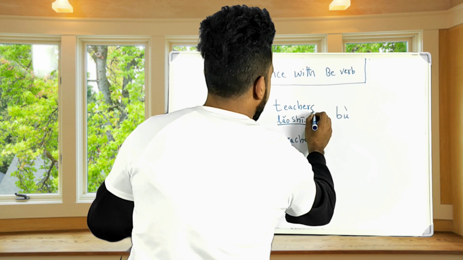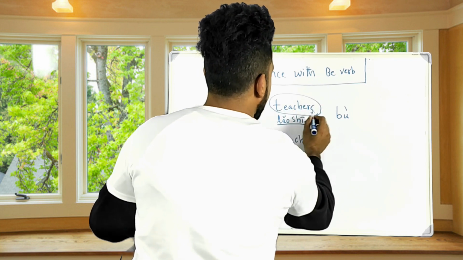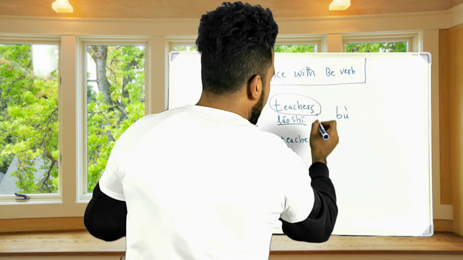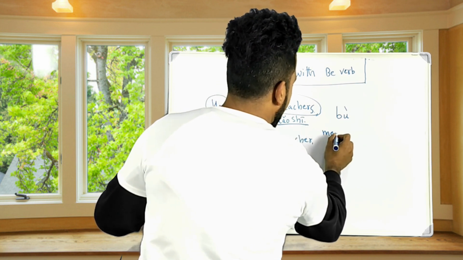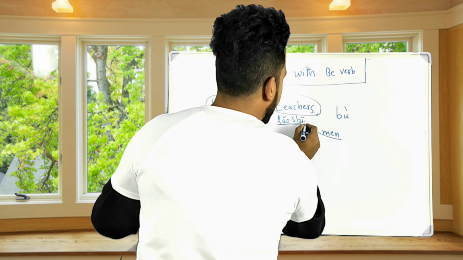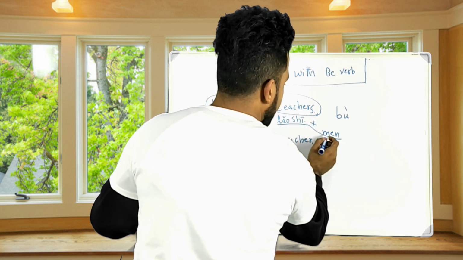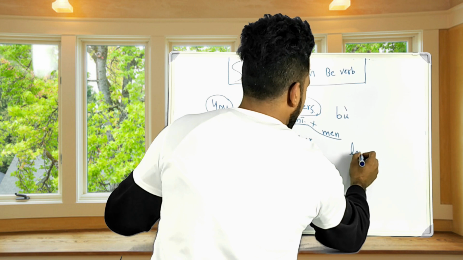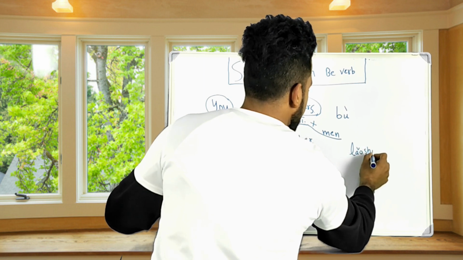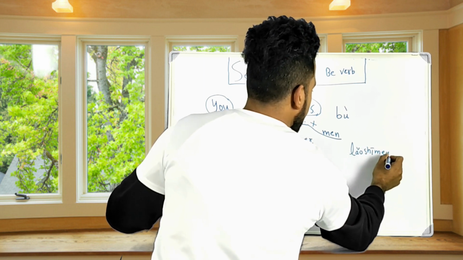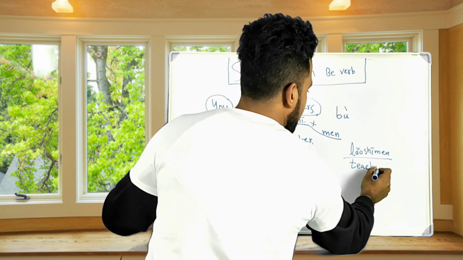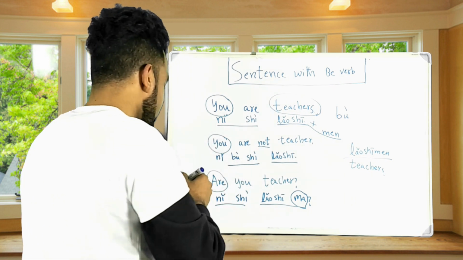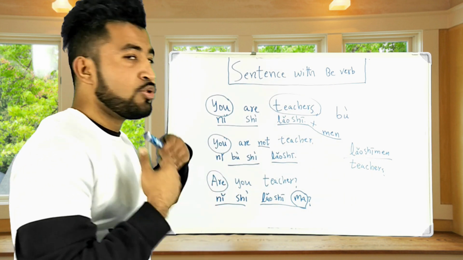For the teachers, 老师, we have learned that for the plural we use 们, 老师们. If we use 老师 plus 们, 老师们, it means teachers. So you can practice and use different examples.